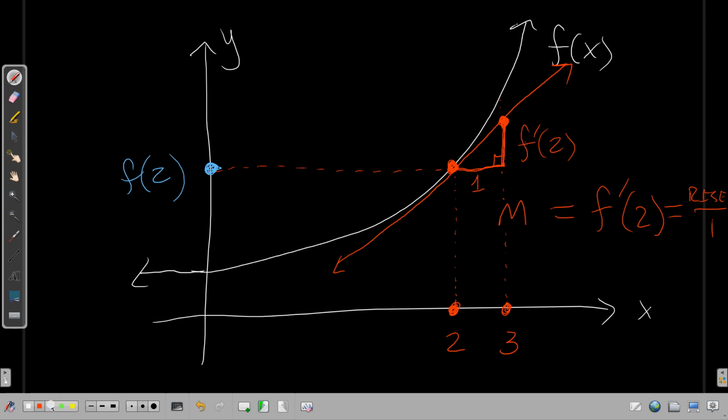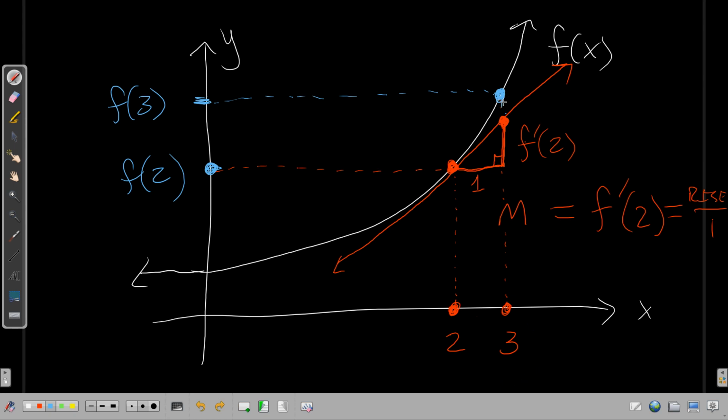Now you can see that that red dot that we get right here is not quite on the curve f. That y value is f of 3. Right? You put in the 3 and you get this y value.